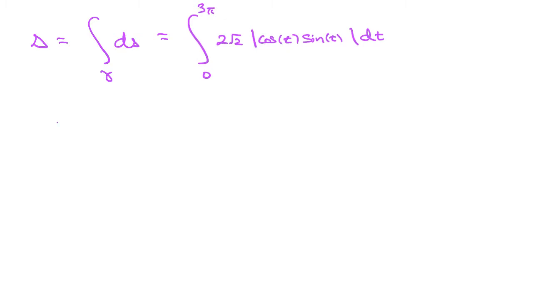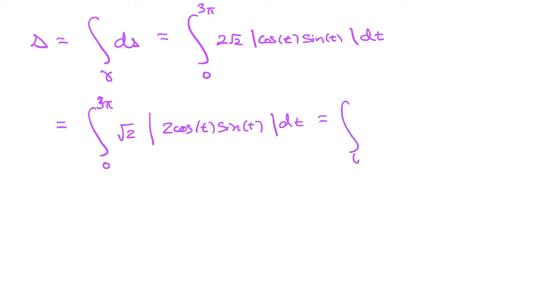So using one of our double angle identities, we can take that 2 inside the absolute value. And so what we have then is the integral from 0 to 3 pi of the square root of 2 times the absolute value of the sine of 2t dt.